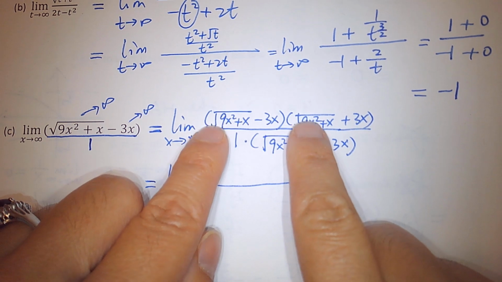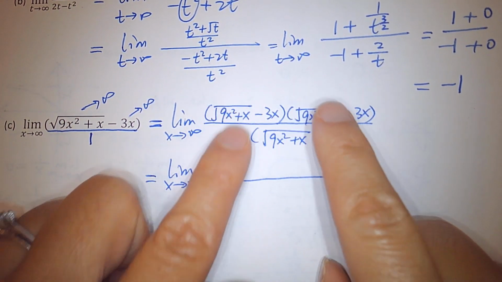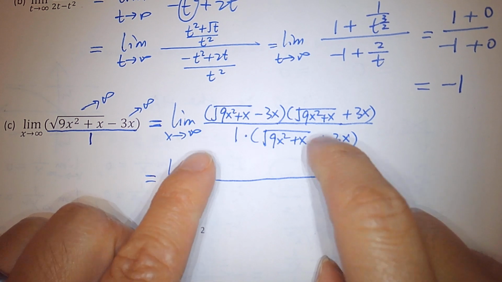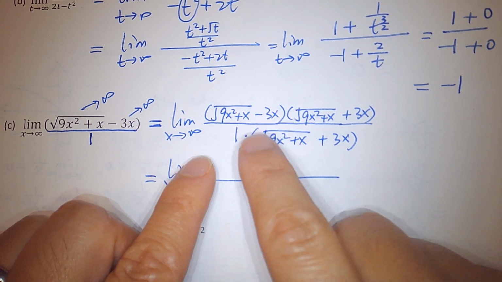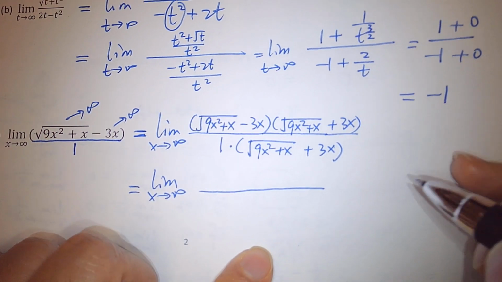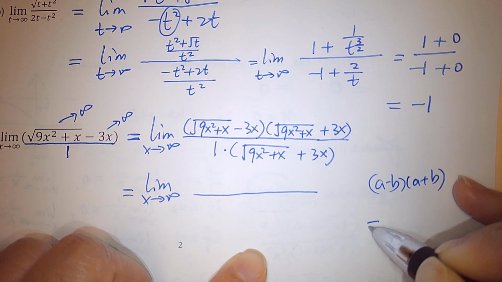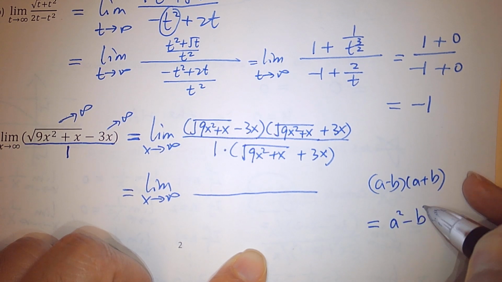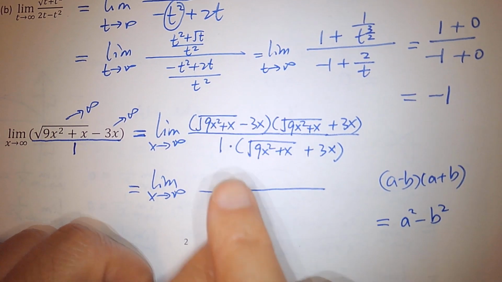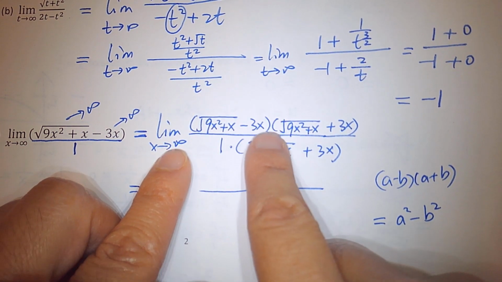When a pair of conjugates are multiplied by each other, you remember what we have? A minus b times a plus b gives us what? Do you still remember this formula? A squared minus b squared, remember? Okay, so what is a? The square root. What is b? 3x.